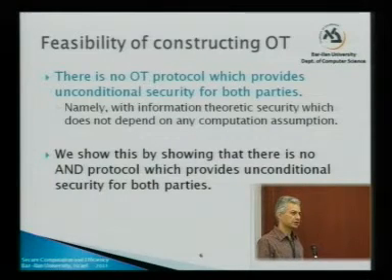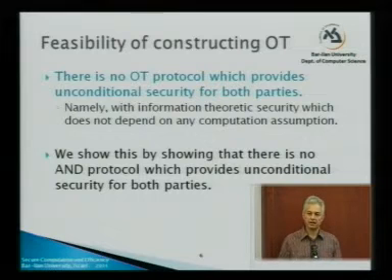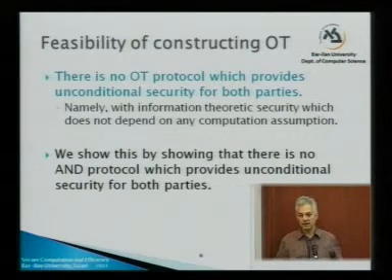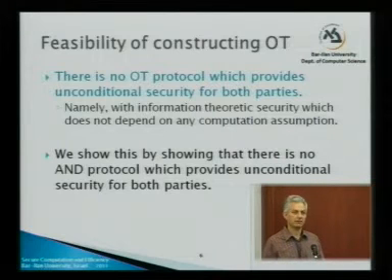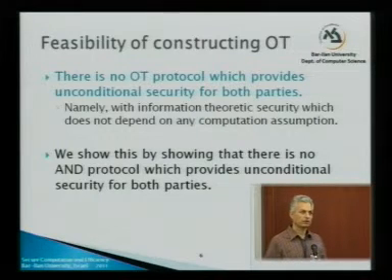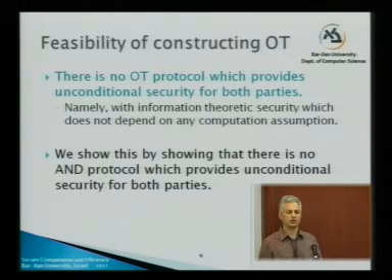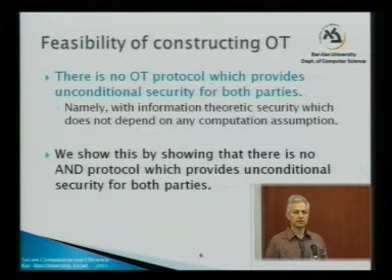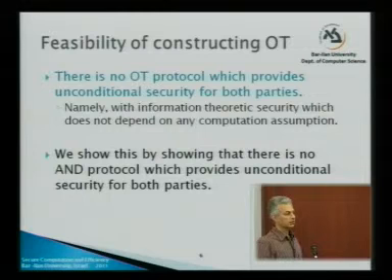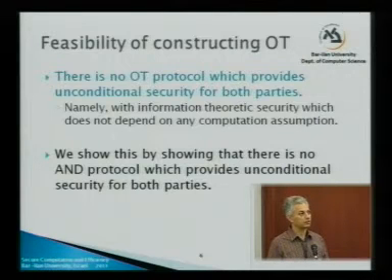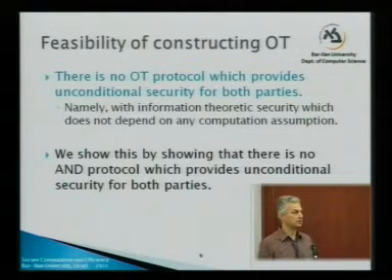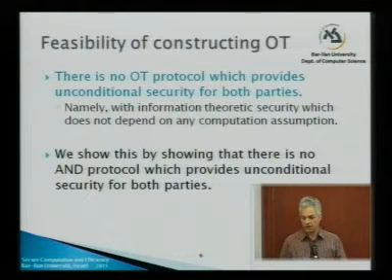So it's better to have security in the information-theoretic sense, namely unconditional security that does not depend on any cryptographic assumption. So even if we have quantum computers and maybe infinite computation power, the protocol will still be secure. So for an important primitive like Oblivious Transfer, it seems tempting to look for an Oblivious Transfer protocol which is unconditionally secure, and doesn't depend on any computational assumption.